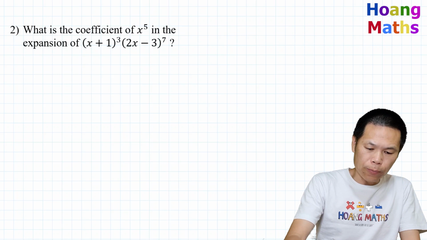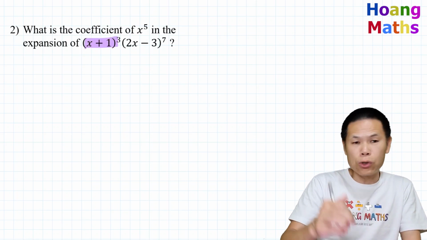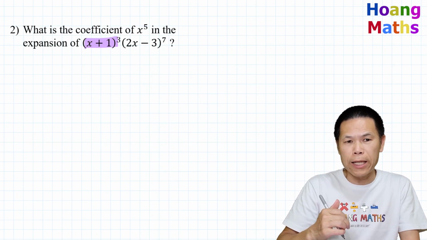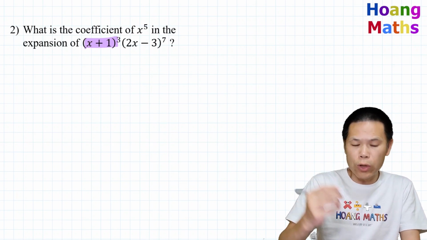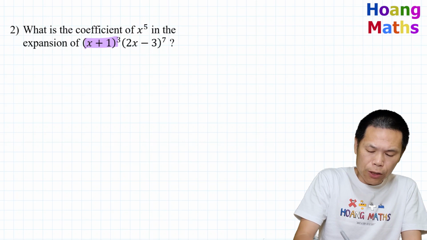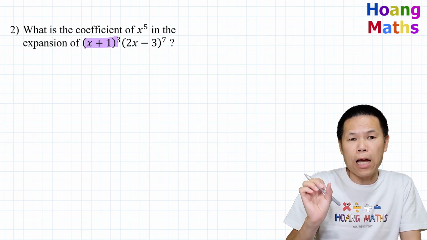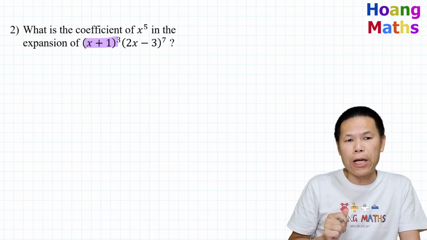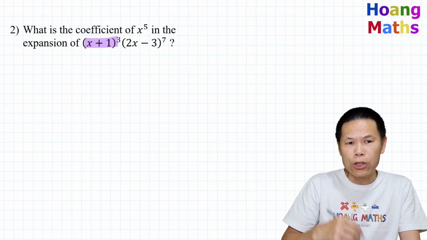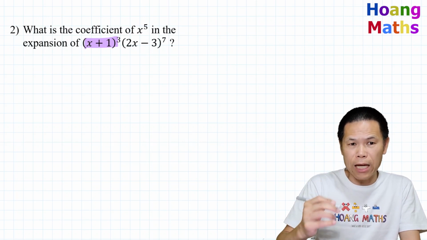So let's get into it. First of all, I need to expand this first, because with power of 3, I can expand that easily. Let me quickly work it out. For the first term, I can either use Pascal's triangle or use combinations, it doesn't really matter. Let me quickly use Pascal's triangle.